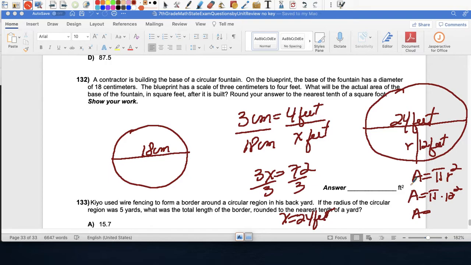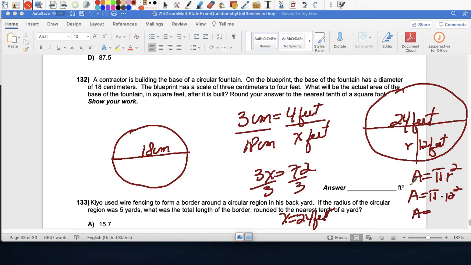I forgot how to do the part where you multiply.